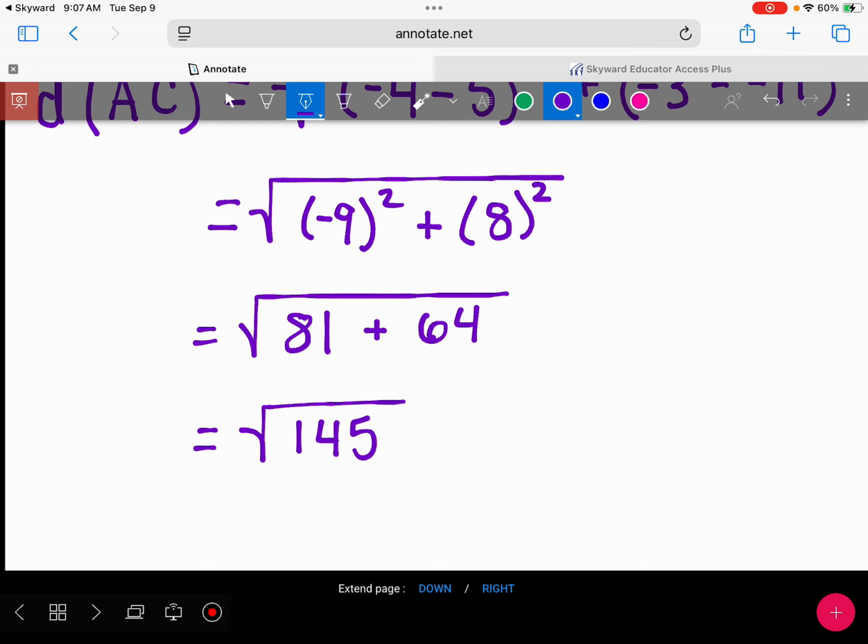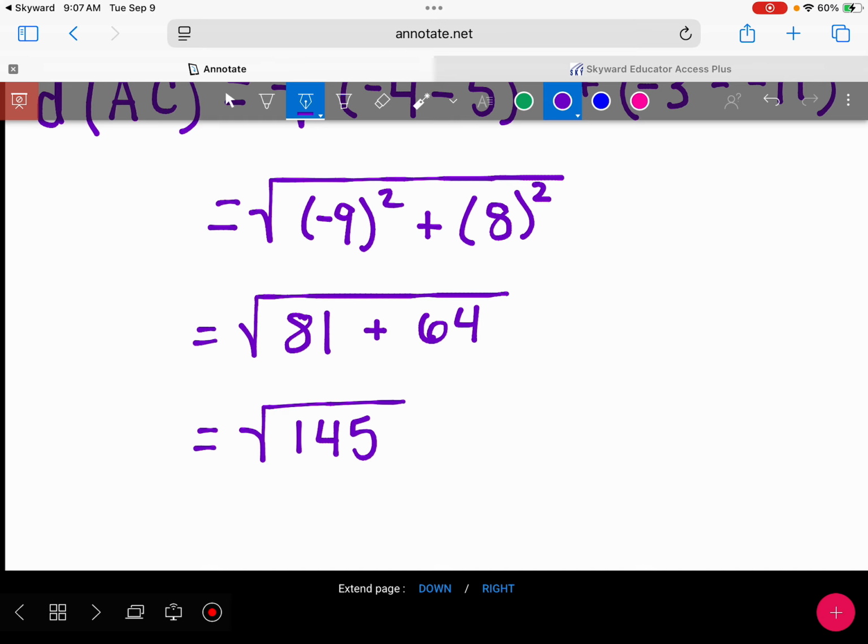We're going to stop right there. It doesn't simplify into a simplified radical form, and we don't really need a decimal anyway. That's giving us our distance from point A to point C. So this is the square root of 145.